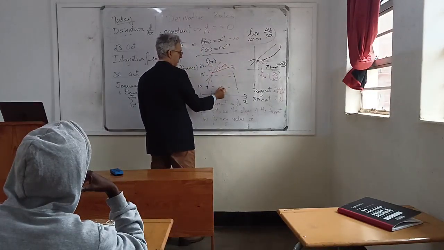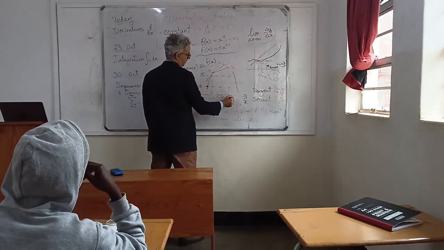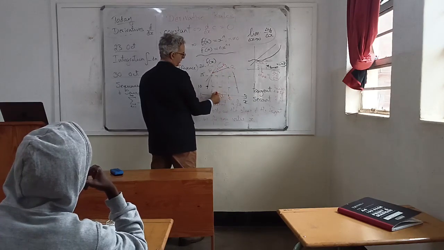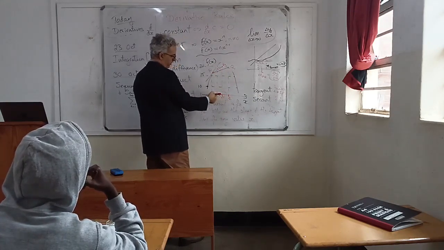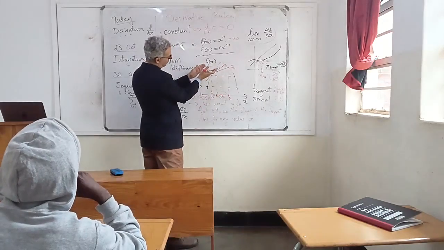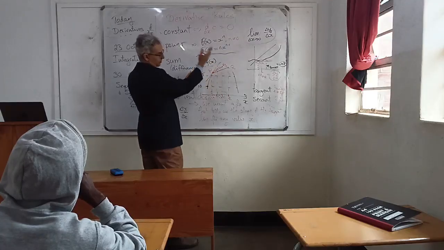I take a Q, this Q2 was here, this Q1 was here, this was x of Q1, this is x of Q2. I could take a Q3, Q4, Q5, Q6. I get closer and closer, and my secants will get shorter, but you can see the slope of the secants is getting closer to the tangent.